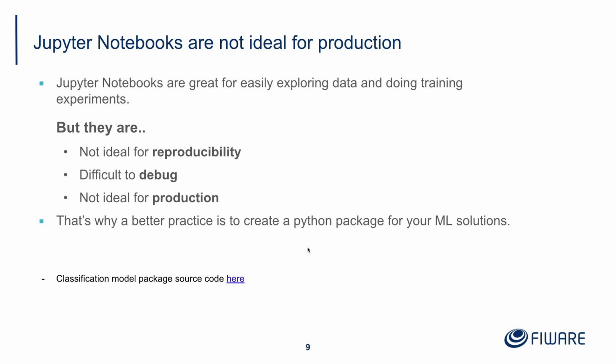So that's why a better practice is to create a Python package for your ML solutions. And I'm going to get later into an overview of the ML package and the source code.